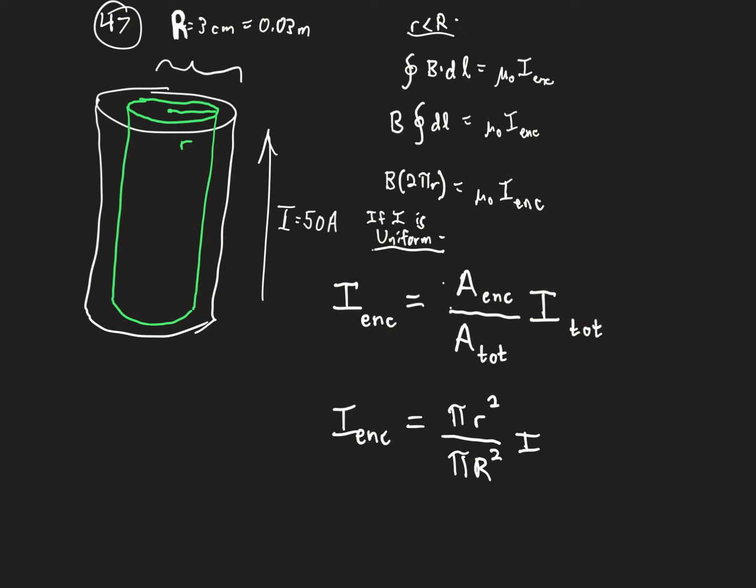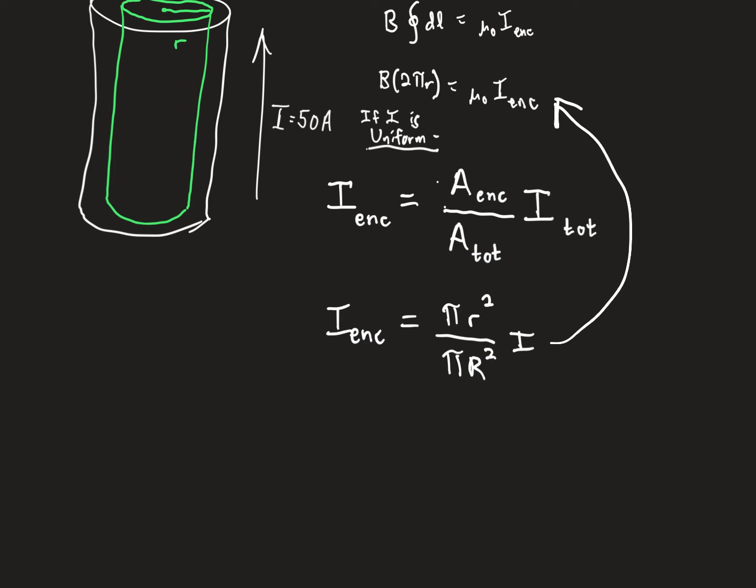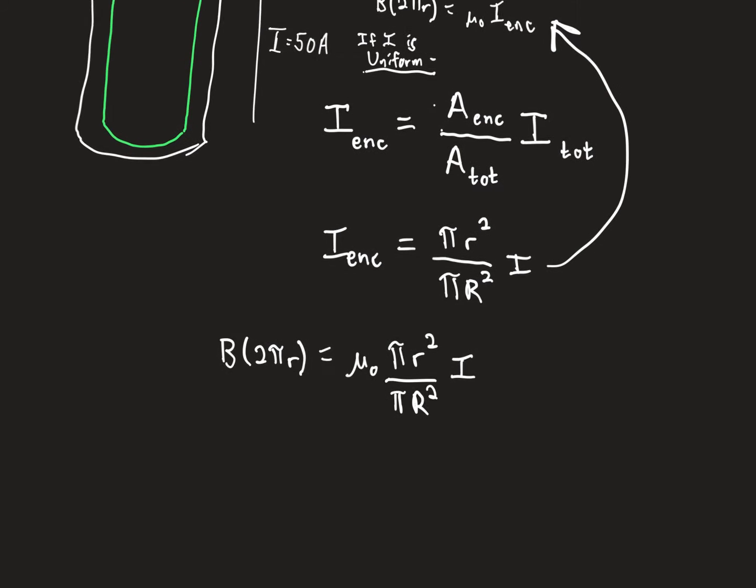Okay, so I've got my enclosed current. Now that I know the enclosed current, I can plug it into my Ampere's law. So I have B times 2 times pi times little r, that was all from the Amperian surface, equals mu naught times the enclosed current, pi times little r squared, divided by pi times big R squared, times I. Why are there so many variables?